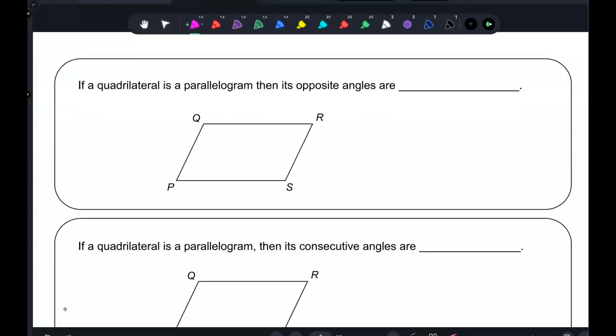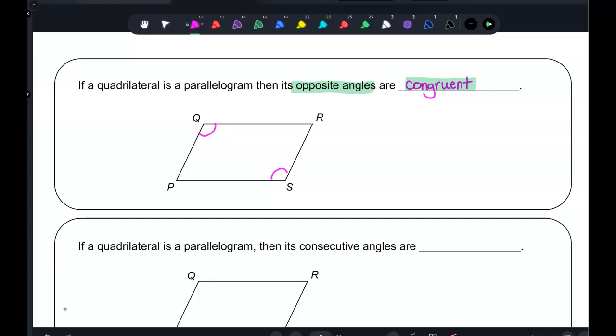Okay, we have another theorem. If we have a parallelogram, opposite angles are also congruent. Like Q and S and R. Which ones would be opposite angles? So Q goes with S, so it's kind of diagonal to each other.